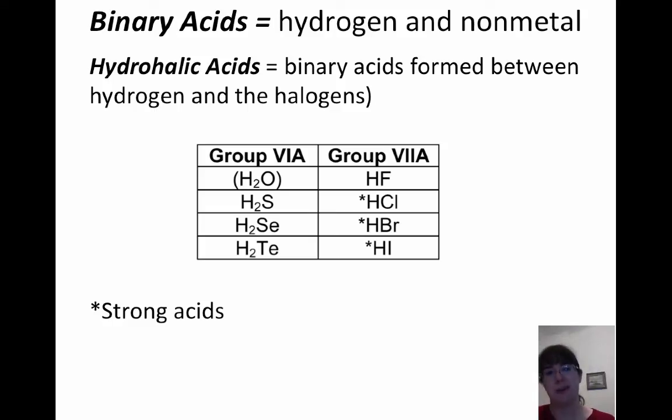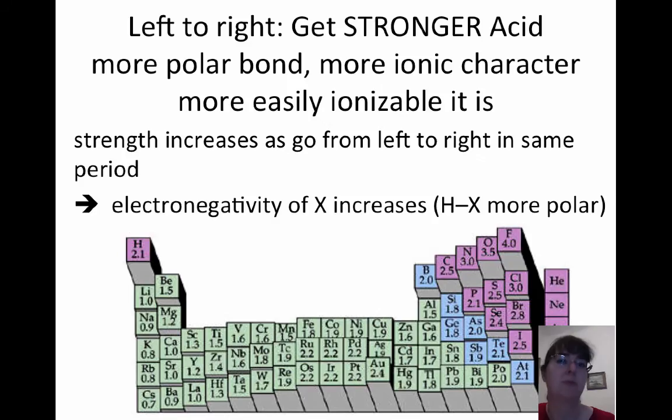The first ones we want to talk about are binary acids. These are hydrogen and a nonmetal, and that's it. We can talk more about hydrohalic acids, which are binary acids with hydrogen and the halogens. The first thing to look at is going from left to right.